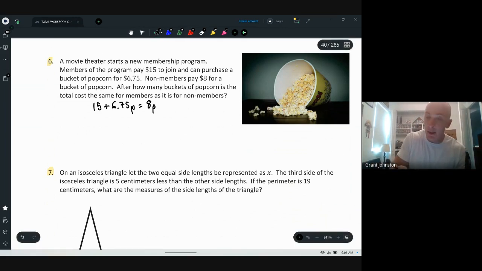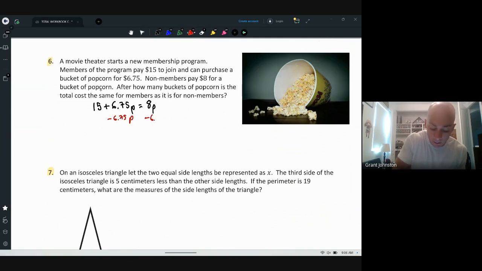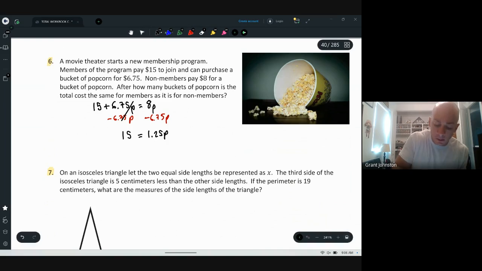So I have P on both sides. That's an issue. So I'm going to subtract the 6.75P. And while I'm doing this, remember there were no terms to combine or anything, so I don't have to worry about that. Divide by 1.25.